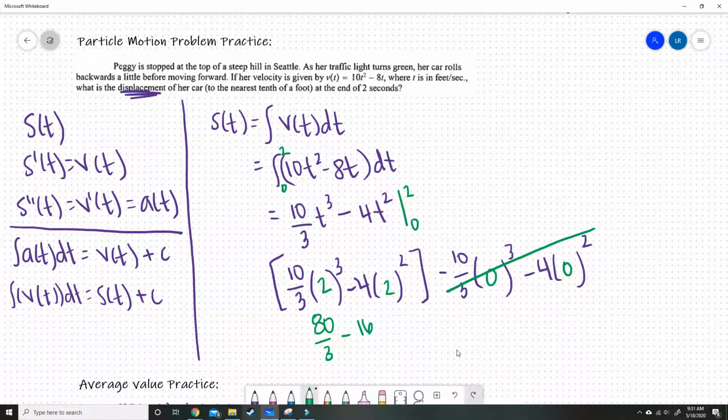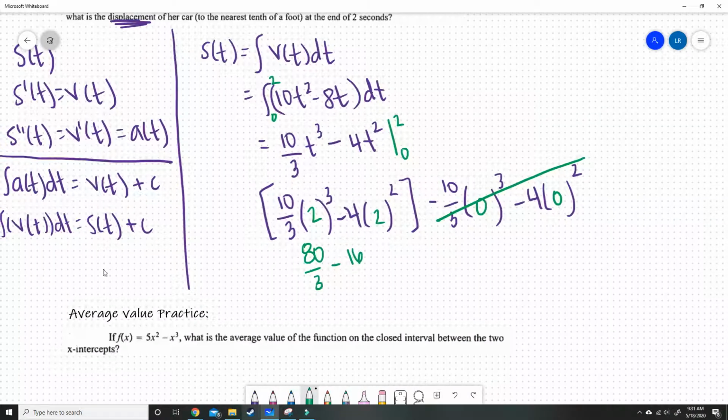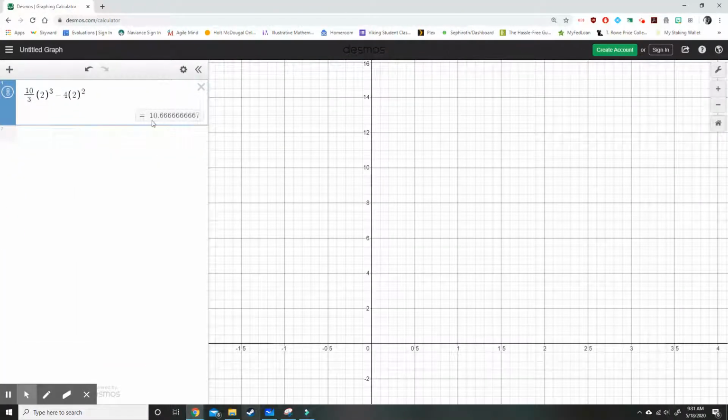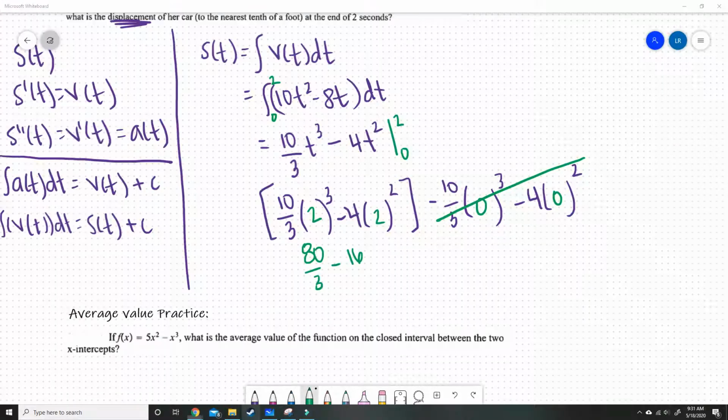So I would have to convert that into thirds, or we can plug it into our handy dandy calculator. And we get 10 and 2 thirds.